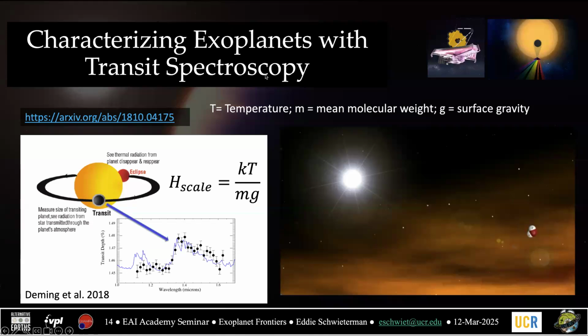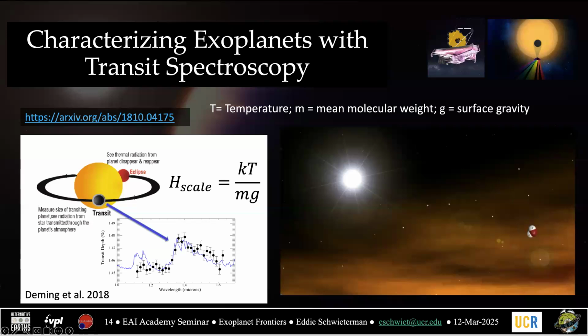It's negatively correlated to the mean molecular weight of the atmosphere, so light hydrogen atmospheres are easier to see than heavier atmospheres like N2 atmospheres. And it depends on the surface gravity: planets with higher surface gravities have lower scale heights. This is all very important, and I'll continue to remind you about the scale height issue.